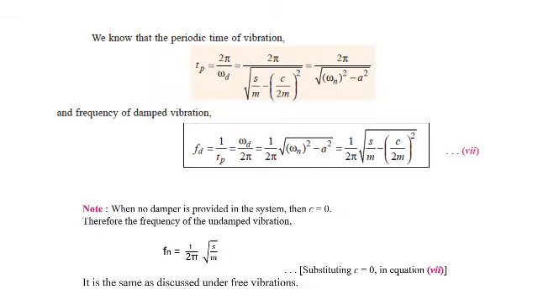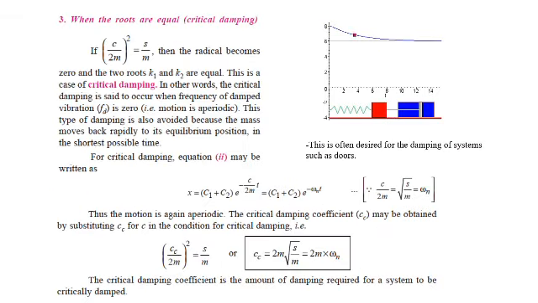If these roots are equal, the radical becomes 0 and the two roots are equal. Now k1 and k2 will become equal. This is the case of critical damping.